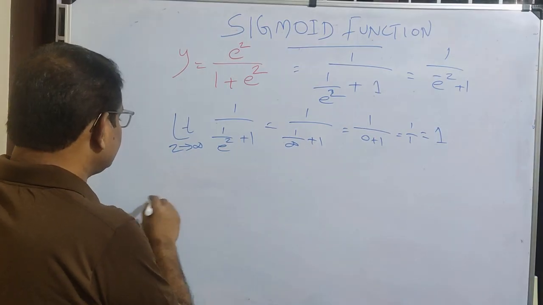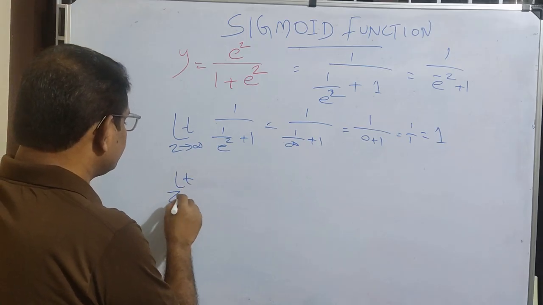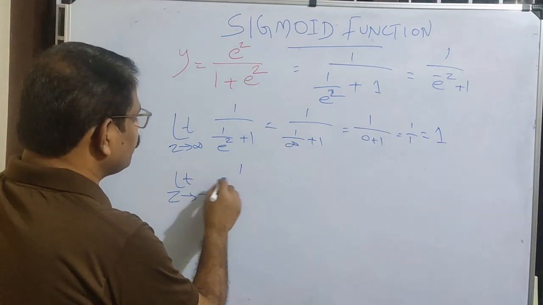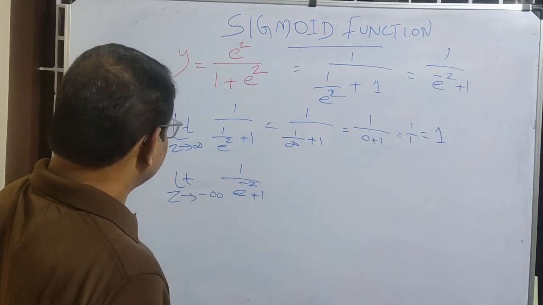When z tending to minus infinity, that is limit z tending to minus infinity, what is the value of 1 by e raised to minus z plus 1?